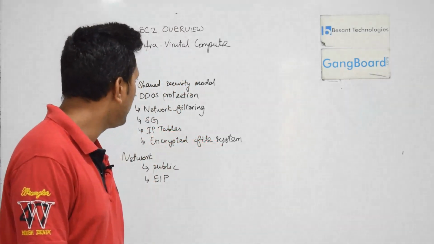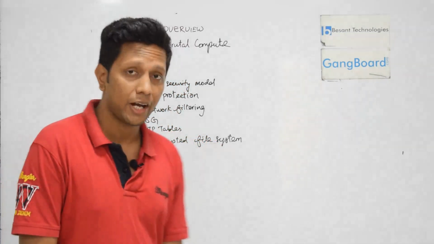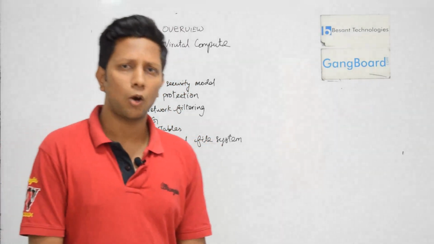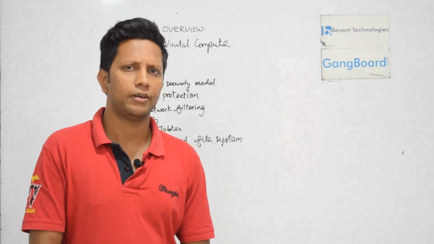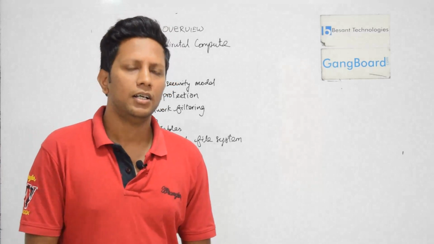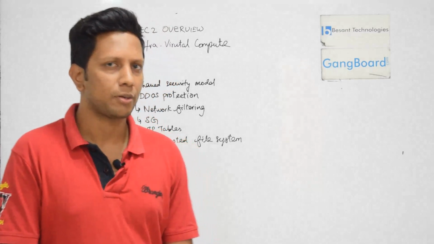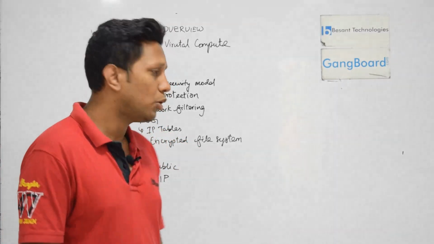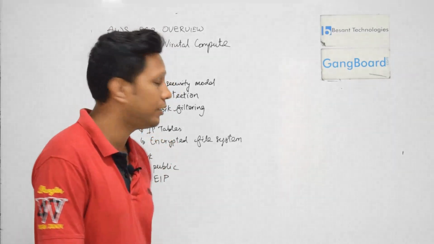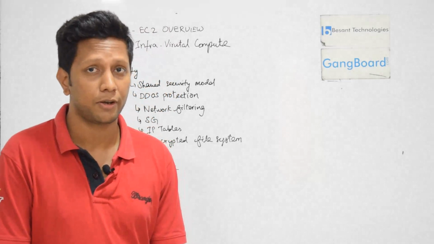Security by default, AWS provides a shared security model. It deals with your cloud computing, the encryptions, as well as how the typical security models work on-premise. It also has one more functionality, that is distributed denial of service protection.